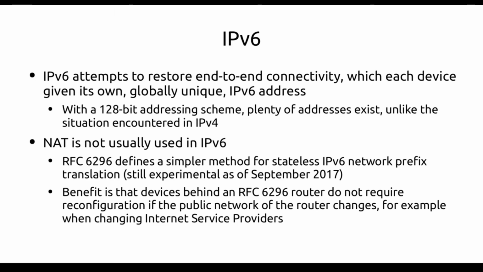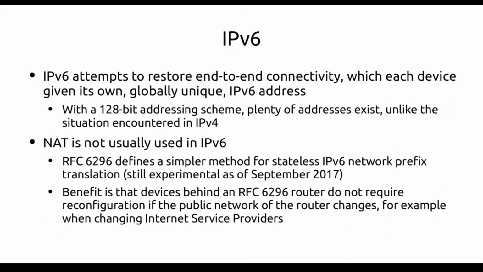That said, there is a simpler method of stateless IPv6 network prefix translation, which is somewhat similar to NAT, but it's much simpler and much easier to implement and causes many fewer problems with the protocols, although it is still an experimental RFC 6296 as of September 2017 when I made this video.